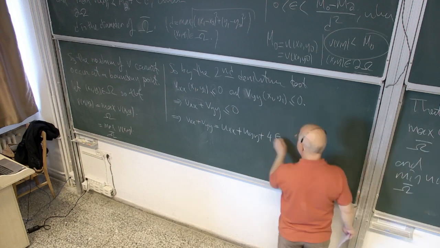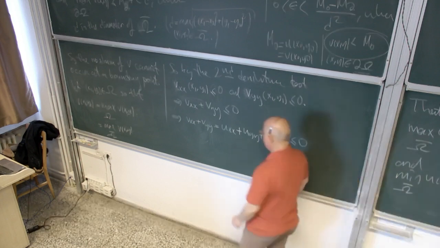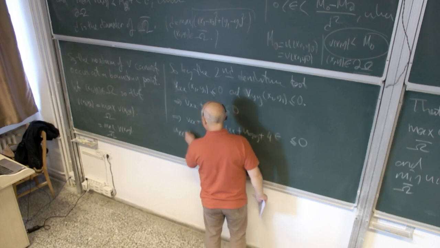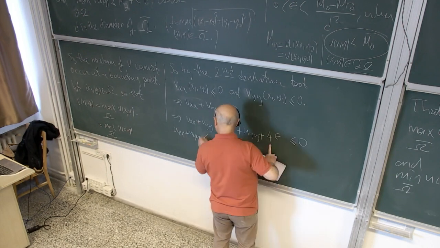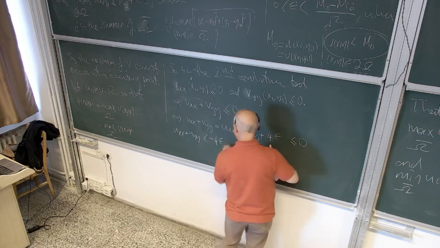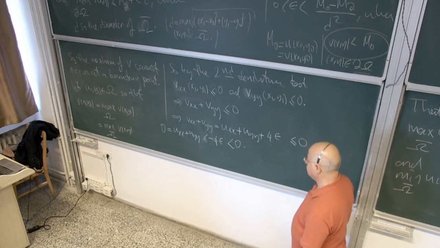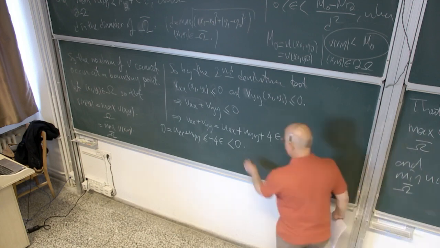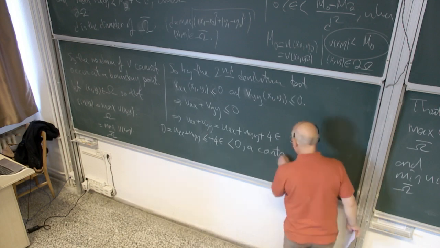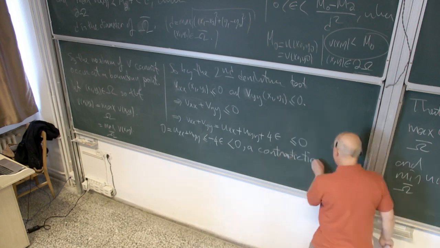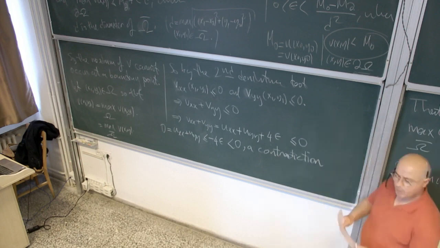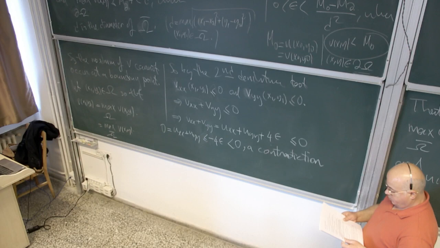So 4 epsilons, and this is negative. Therefore, we see that u sub xx plus u sub yy is less than or equal to minus 4 epsilon, but that is strictly negative. And we know that at an interior point, this is 0. Right? And this is a contradiction. Tamam mı? Okay.